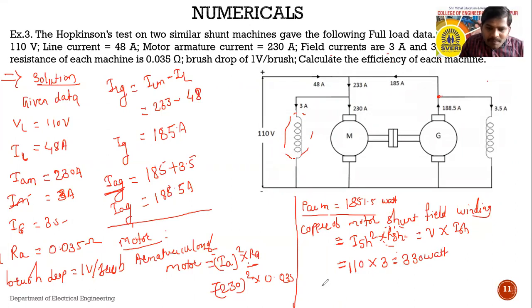Okay. Now again brush drop is given here. Brush drop is given as 1 volt per brush.